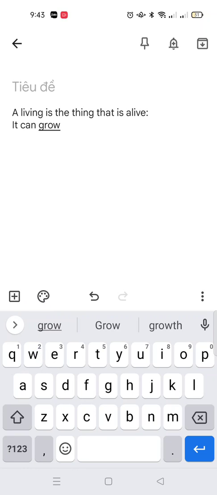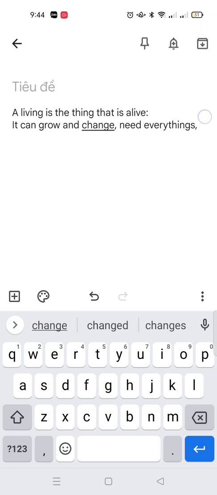It needs sunlight, or it needs everything. For example, it needs sunlight. It can grow and change, and it is alive.